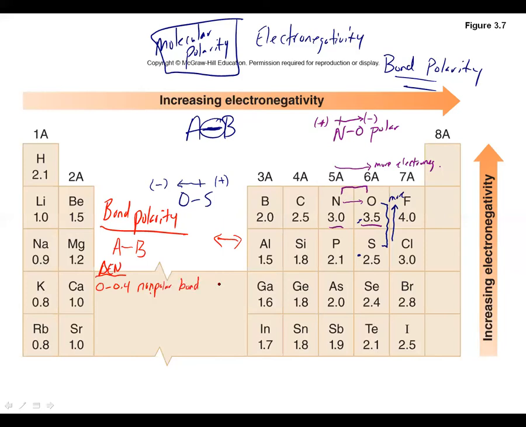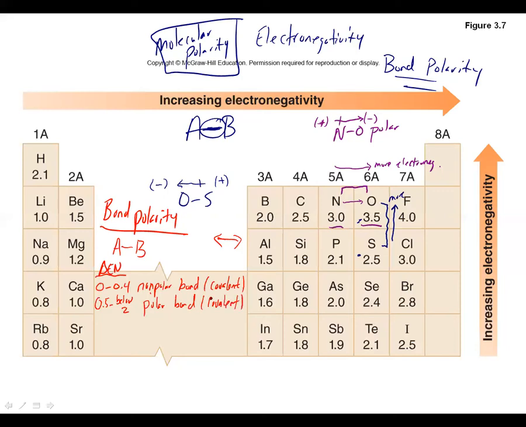Again, that's covalent. So here we would expect the electrons to be shared equally. If it's above 0.4, so like 0.5 to below 2, it's considered a polar bond, which again is covalent, so we're sharing those electrons.